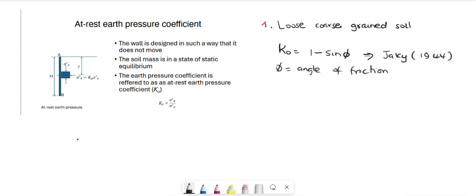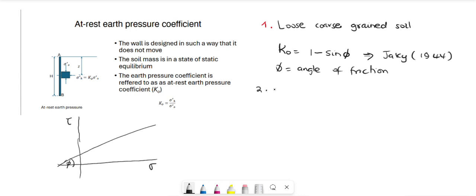So when you have your shear stress against normal stress diagram, and you have your failure envelope, the angle of friction is the angle that the failure envelope makes with the normal stress axis. So this angle, again, that is your angle of friction. So for loose coarse grain soil, this is how we find the at rest earth pressure coefficient.